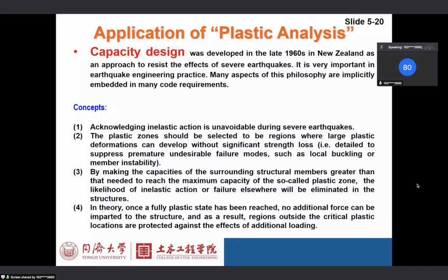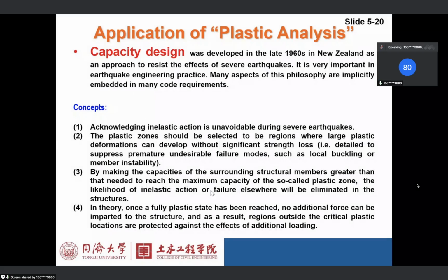But in an earthquake, it's a totally different story, because in a severe earthquake, everything could happen, right? The building will experience extensive damage as well as extensive distributions of plastic hinges within the frame, for example. So it's very important in earthquake engineering practice, and many aspects of this philosophy are embedded in many code requirements.